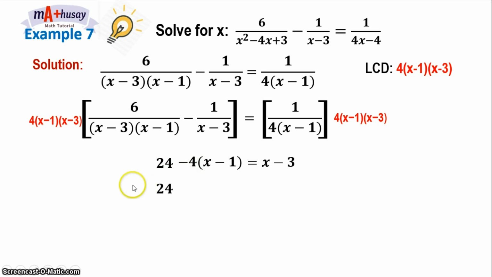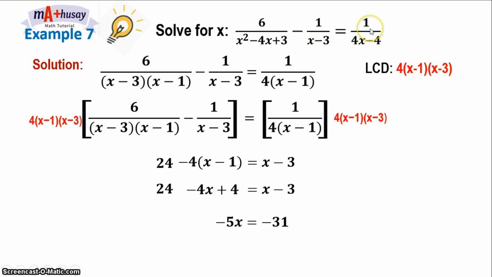So, ang gagawin natin is, i-multiply lang natin si negative 4 sa x. So, you'll have negative 4x. So, negative 4 times negative 1 is positive 4 equals x minus 3. So, combining like terms, we have negative 5x equals negative 31.